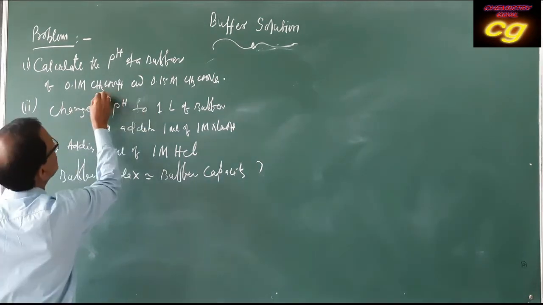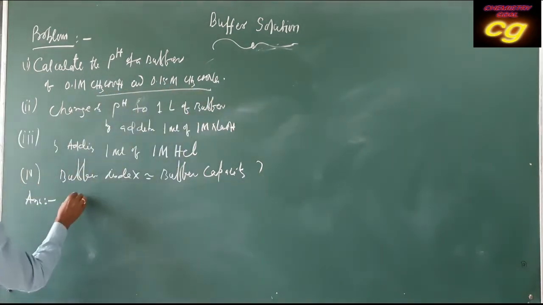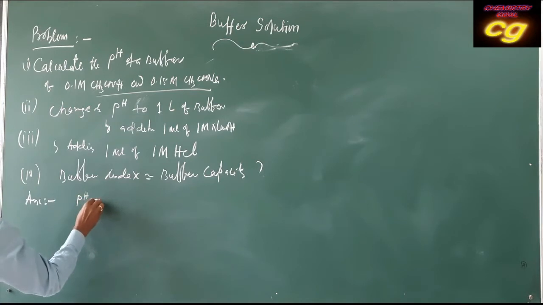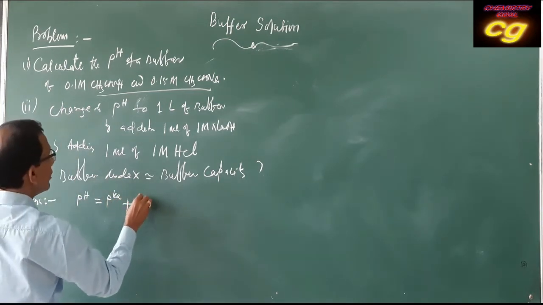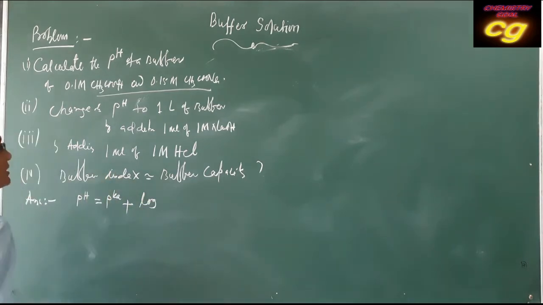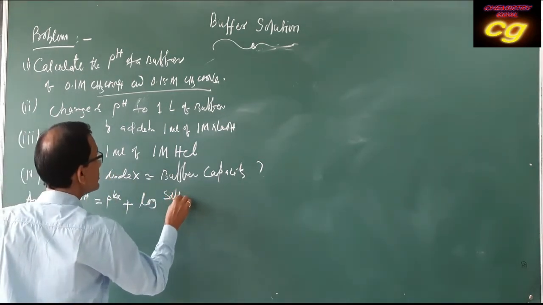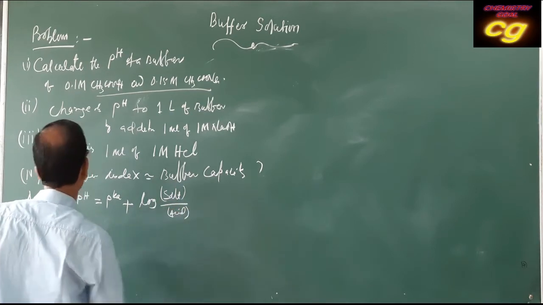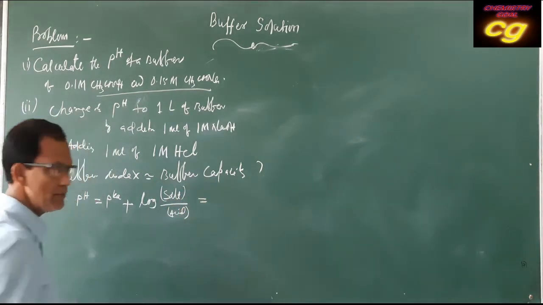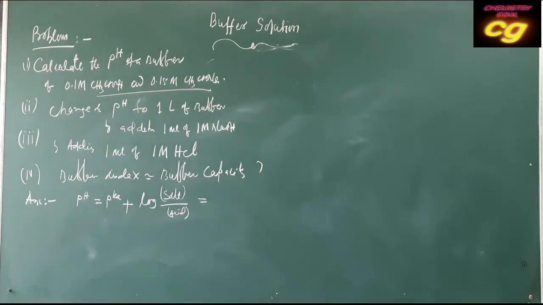As it is an acidic buffer, the formula is pH equal to pKa plus log of salt concentration to acid concentration. This is the formula. Here is a logarithm equation, we just put the data.